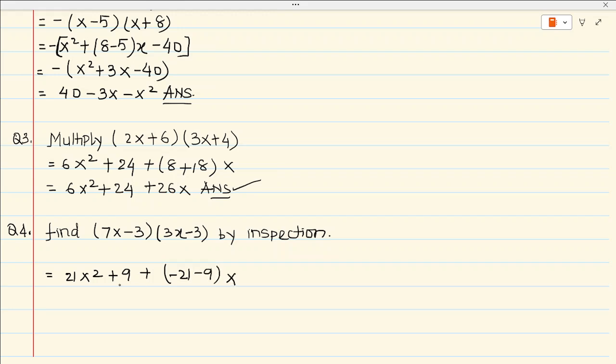We can take x inside also, so we will take it during finalizing. x square plus 9, see both are minus sign, so we will take minus out, so 21 plus 9 is 30, so it will become 30x. So we can write it as 21x square minus 30x. If you want to write in this way, you can write it.